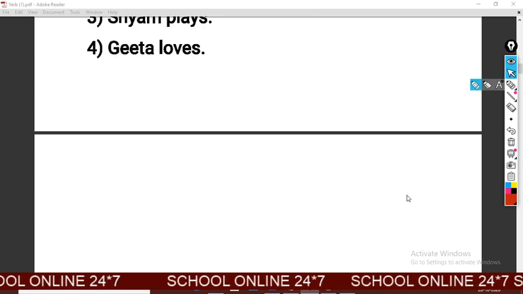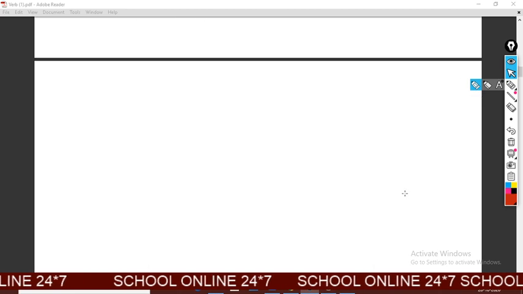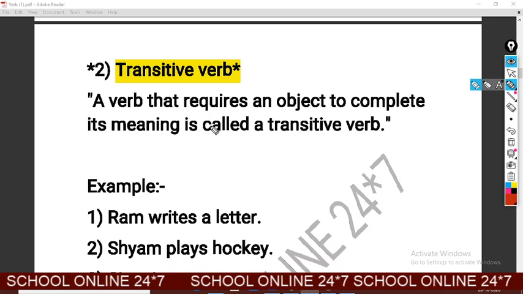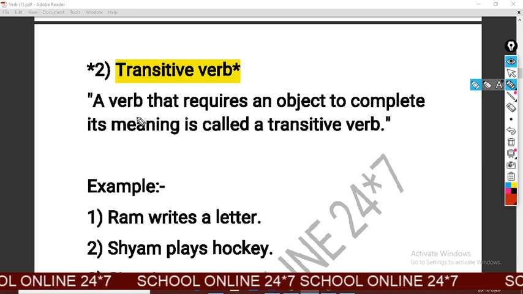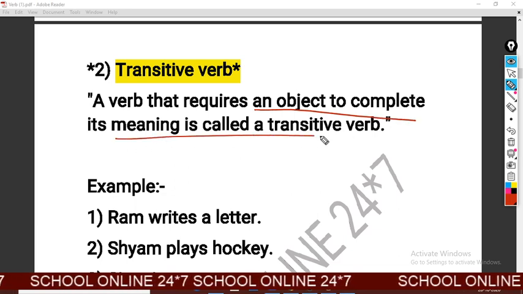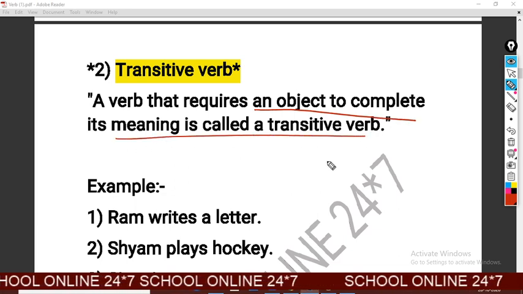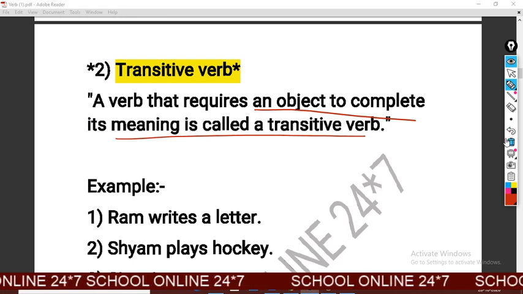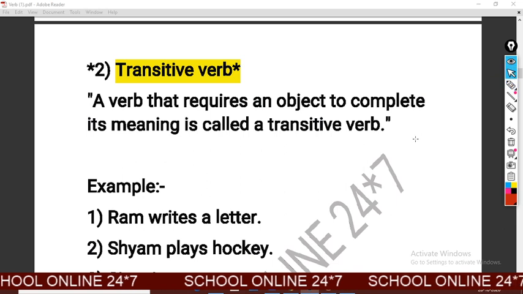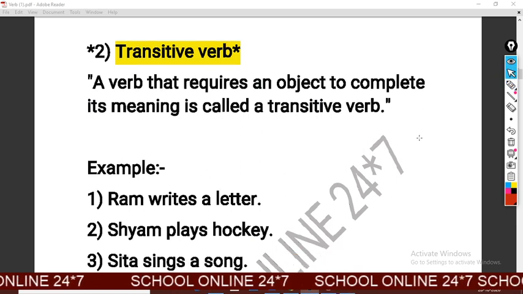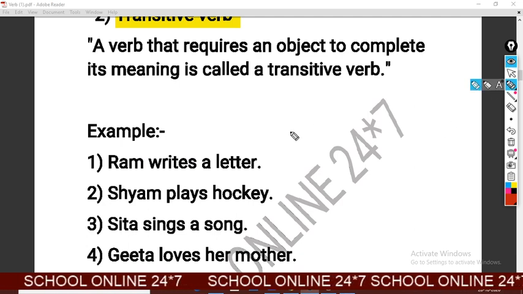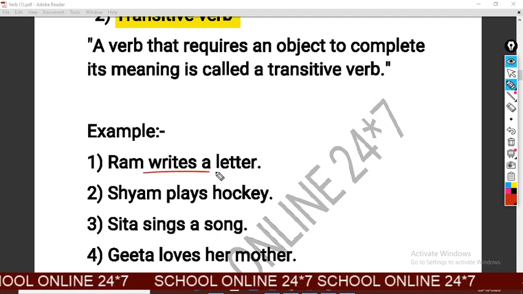Second, transitive verb. A verb that requires an object to complete its meaning is called a transitive verb. Means with these types of verbs we will find an object to complete the sense of the sentence. Look at the examples. Ram writes a letter.